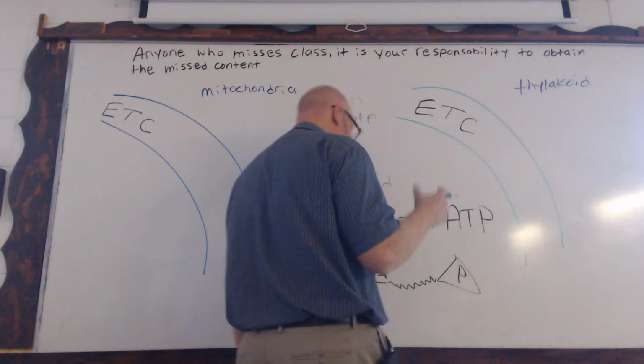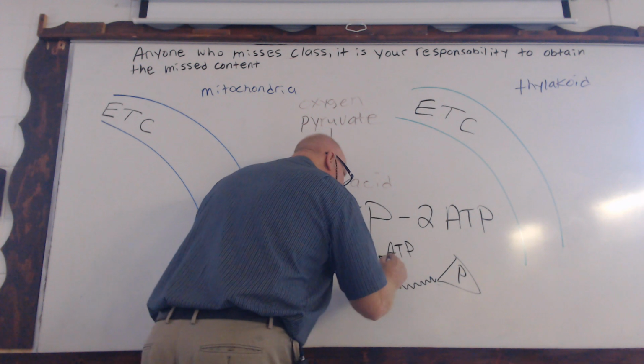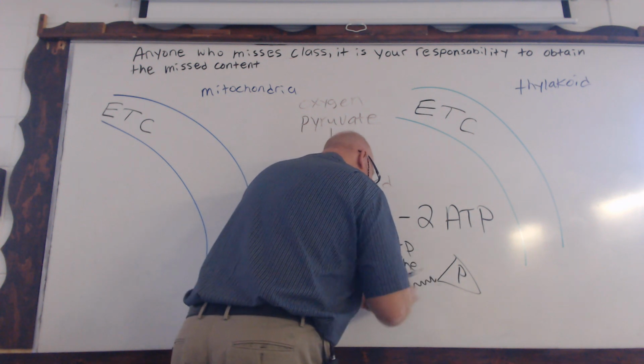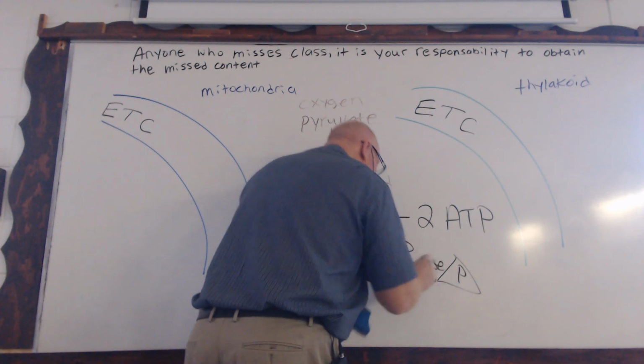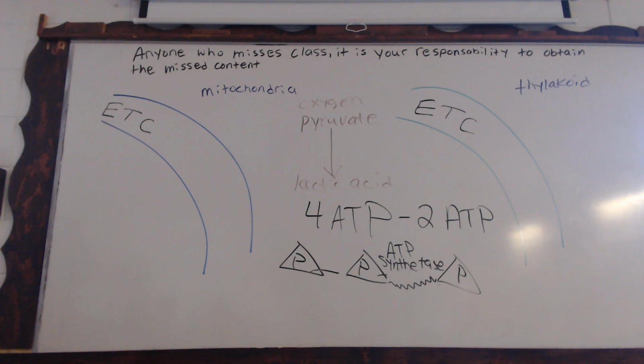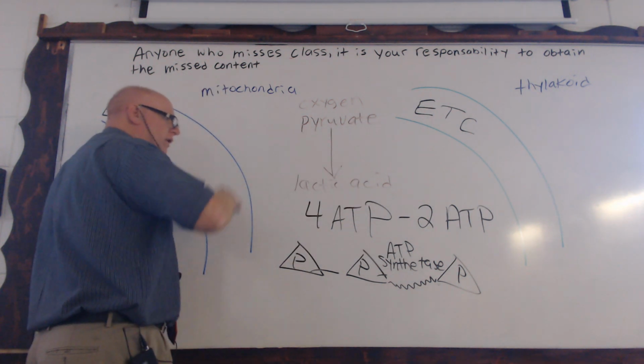Rubisco takes part in plants, but this ATP synthetase forms that bond in there. If it's broken apart, you get energy. ATP synthetase will bond the 2 back together to make ATP. And this is just a continual cycle that happens over and over and over again.